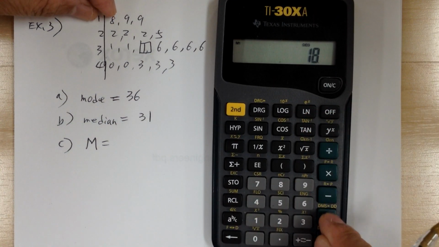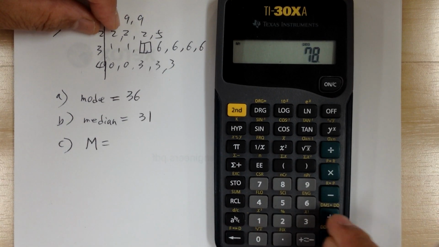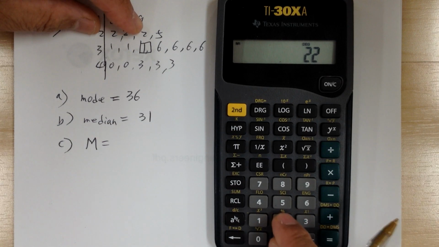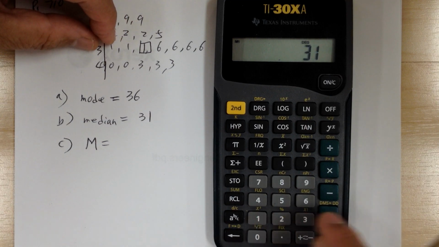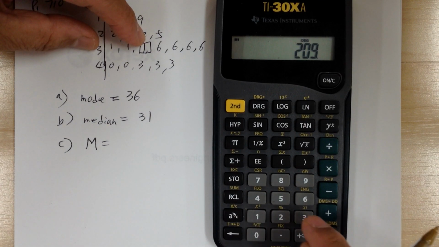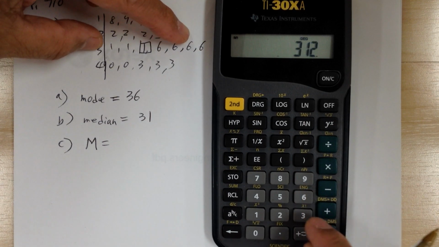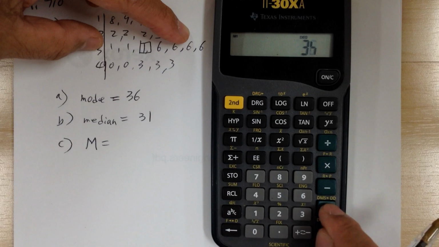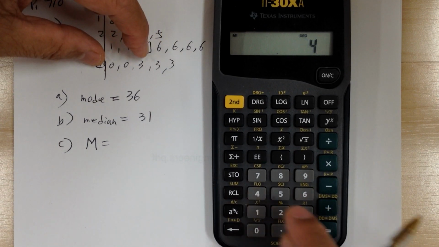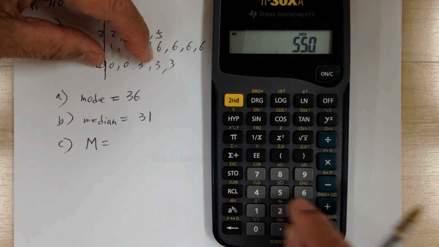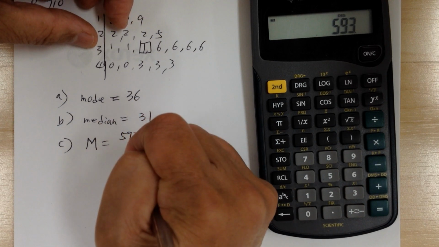So you've got 18 plus 19 plus 19 plus 22 plus 22 plus 22 plus 25 plus 31 plus 31 plus 31 plus 36 plus 36 plus 36 plus 36 plus 40 plus 40 plus 43 plus 43 plus 43. This is going to be equal to 593.